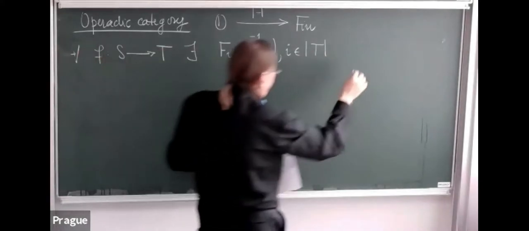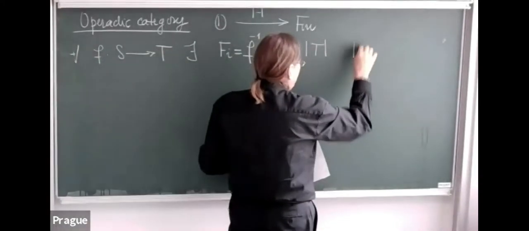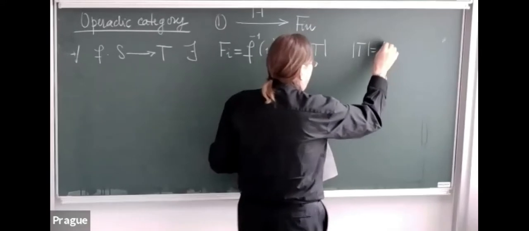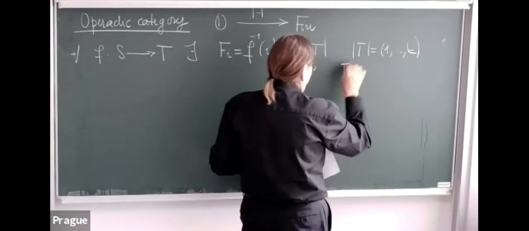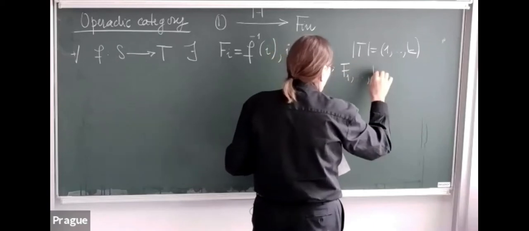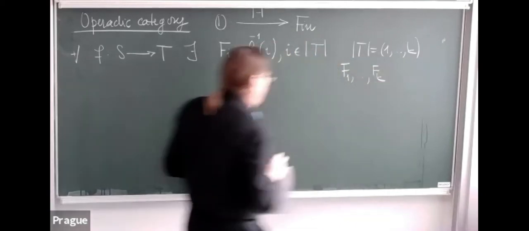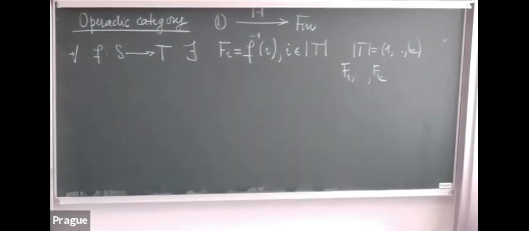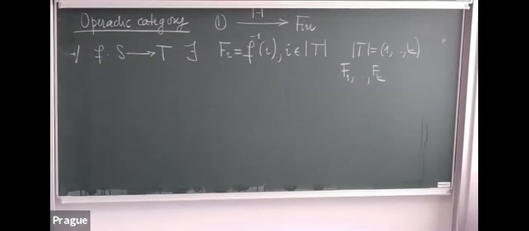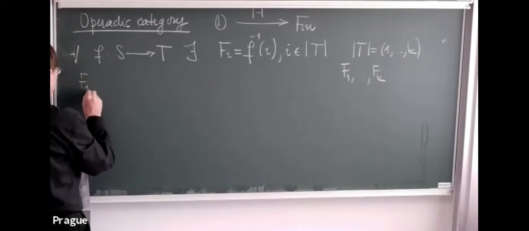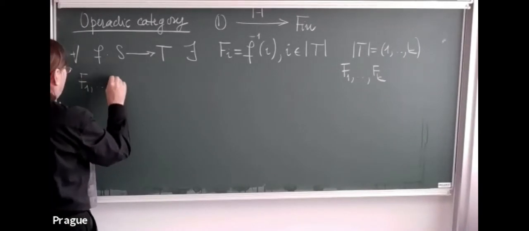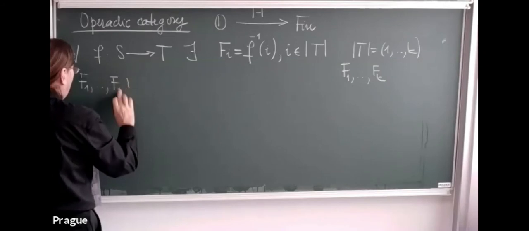So for instance, if the cardinality of T is k, then I have fibers f_1 up to f_k, and we introduced, by we I mean Markl and me, a shorthand for this by writing the following thing, which I don't know how to read, but anyway.